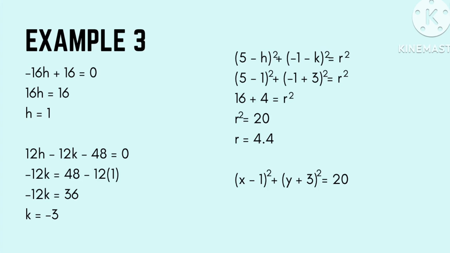We have 16 + 4 = r^2. So if we take the square root of r^2, we have about 4.4. Finally, we can assemble our standard equation since we have our r^2 and (h, k) values. So we have (x - 1)^2 + (y + 3)^2 = 20.